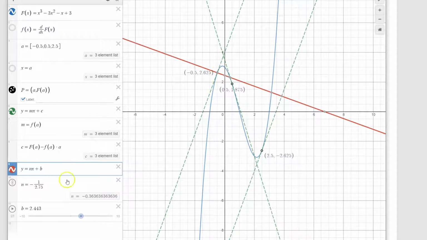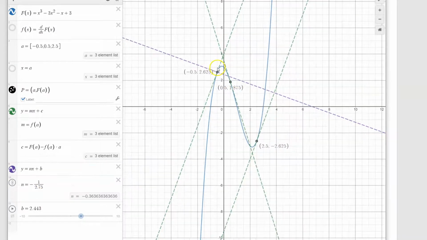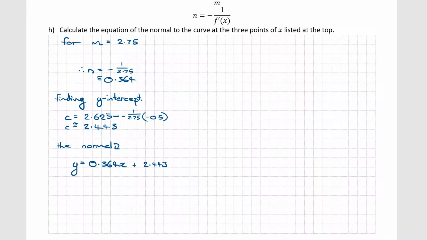Now if we follow the same process, and let's just change that color, it's a little bit nicer. Yeah, purple. That'll work. So we need to find the normal to the other two as well.